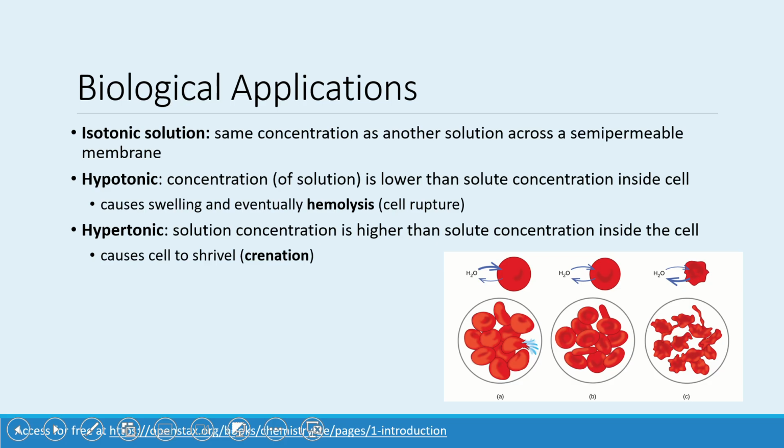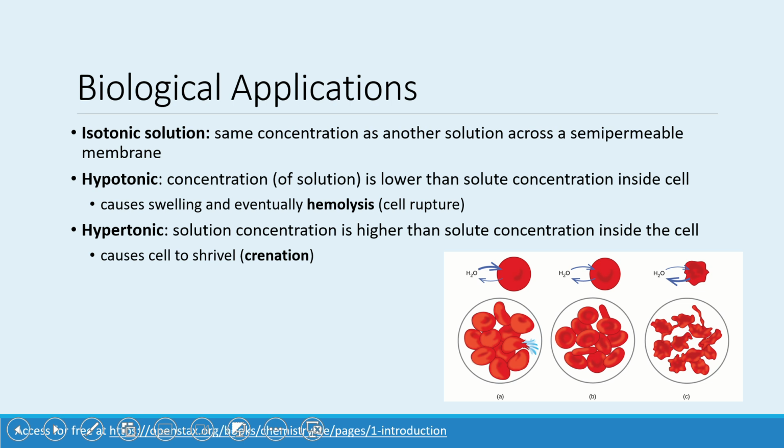Okay, so some biological applications of osmotic pressure, right? And again, this might be review from your biology class, but just remember that an isotonic solution, that means iso, of course, same, right? So isotonic solutions are going to have the same concentration as that inside of the cell or across any semipermeable membrane.